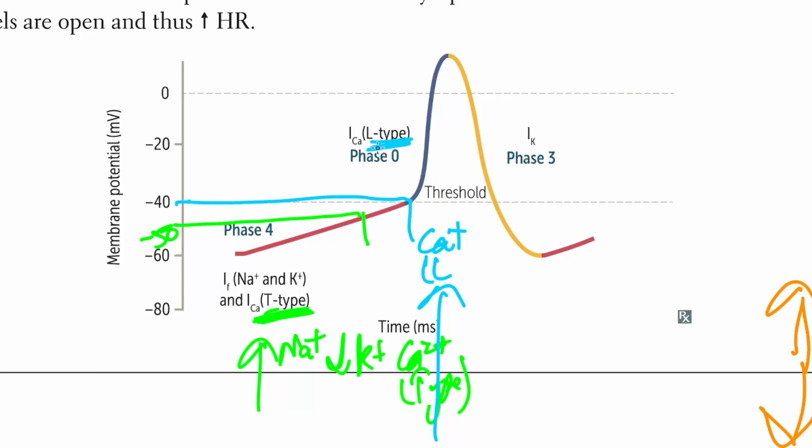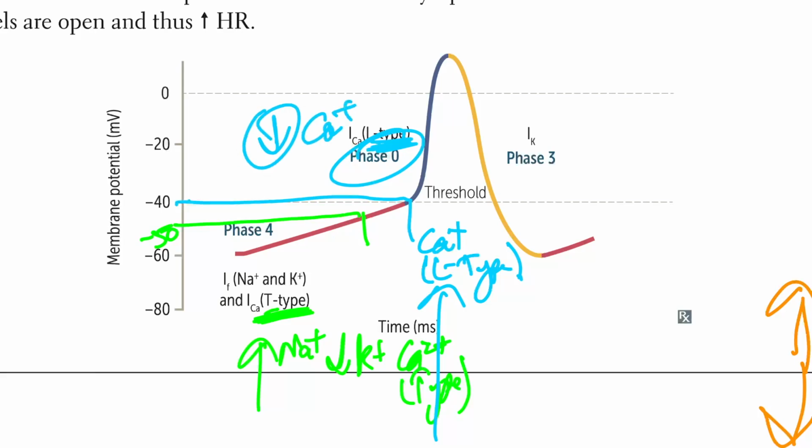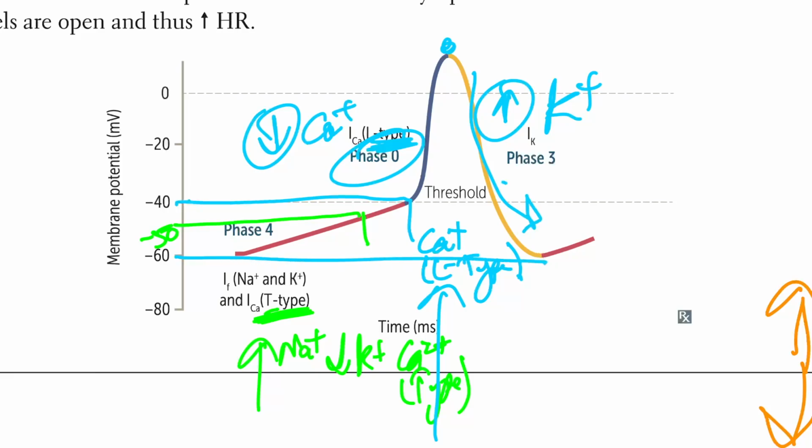L-type, mentioned right here. They will lead to phase 0, and phase 0 will occur, and there's going to be influx of calcium. There's a stop of influx of calcium at that point, and there's just efflux of potassium, and it will lead to repolarization, again going towards about -60 membrane potential, and you are back in the resting membrane potential.